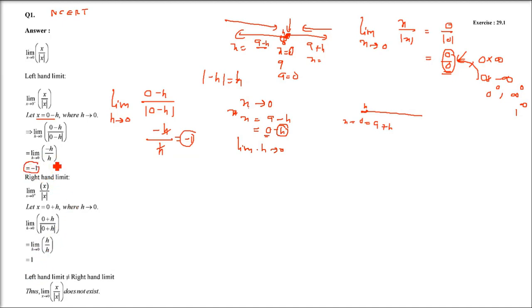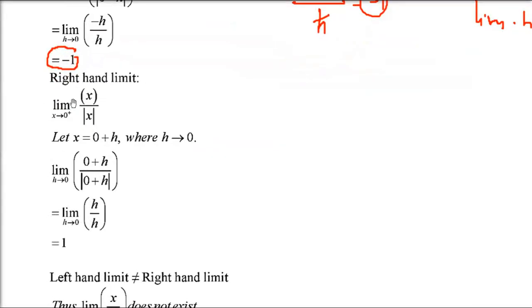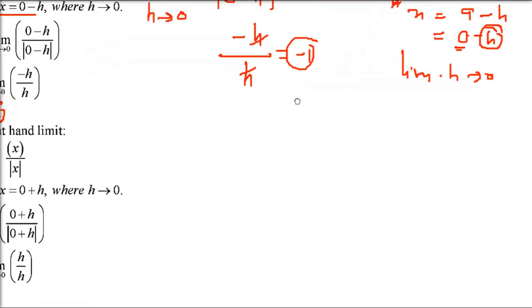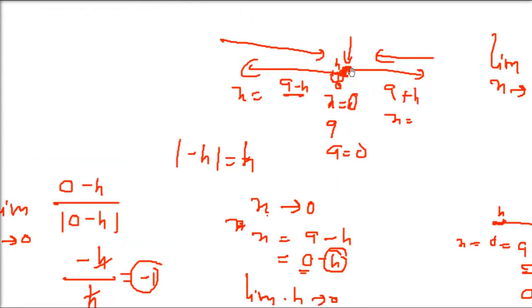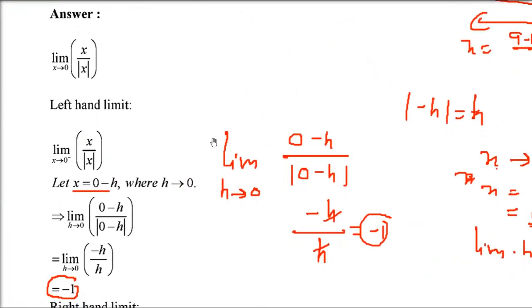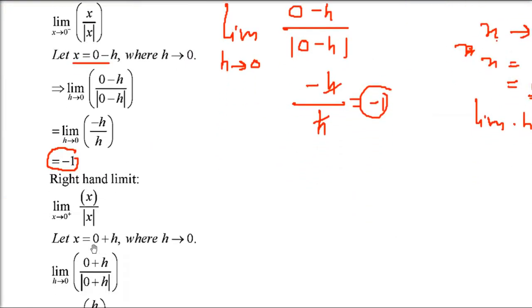Similarly, as we got -1 from the left hand side, we'll now find the right hand side. As I said, we put a plus h, a is 0, so 0 plus h. Now you have to change to x tends to 0 plus, because we are talking about the right hand side. When we change from x to 0 plus h, we have to take h as small as possible.